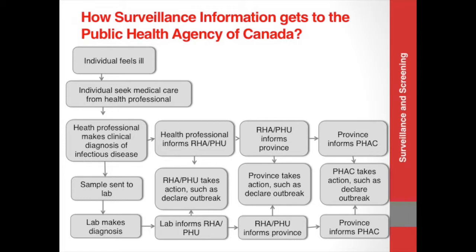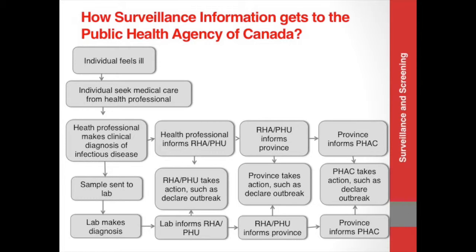The chart here describes the process in which surveillance information of infectious diseases is communicated to the Public Health Agency of Canada. Once an individual feels ill and seeks medical care, the health professional makes the diagnosis of infectious disease.